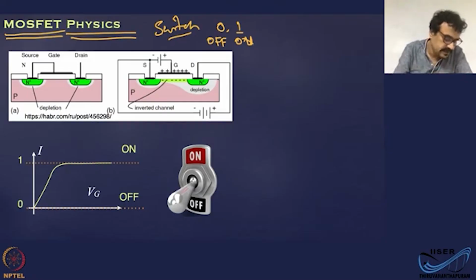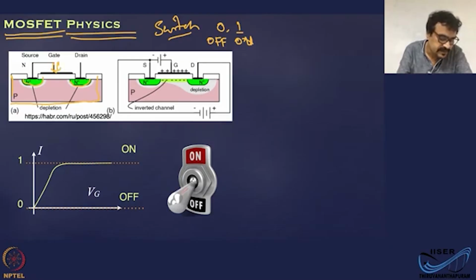What you have here as a MOSFET is a piece of semiconductor. In this case, it is p-type, and you have some contact regions which are n-type. I have put n plus, which means it is heavily doped. And I have a third electrode, which is called a gate.